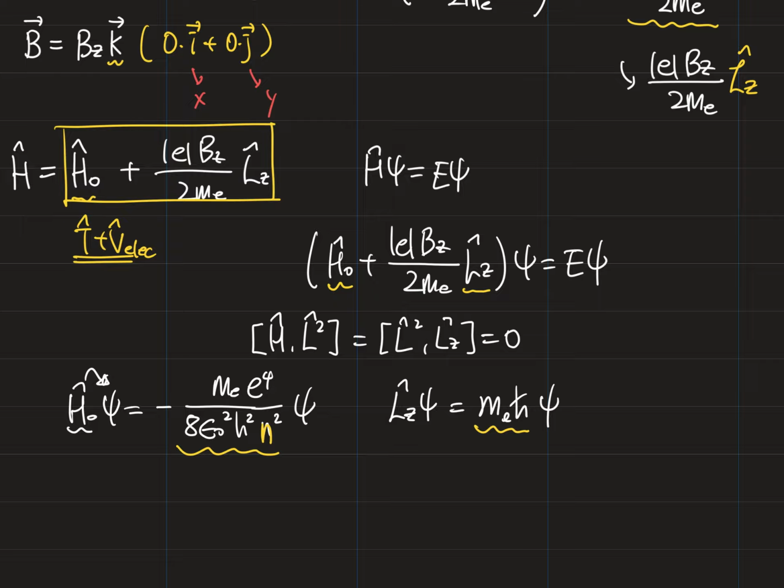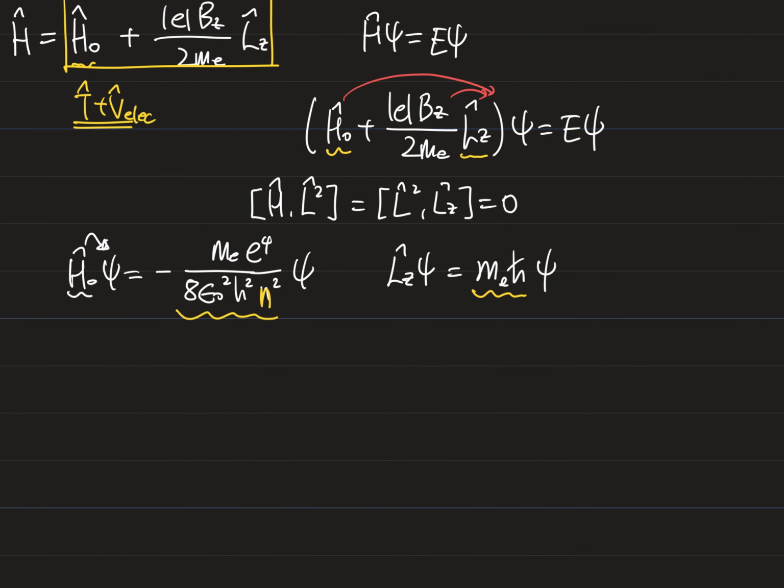You already have the wave function and you already know the eigenvalue. So you can simply distribute this operator on the wave function. So your final result will be the total energy, the summation of these two terms.